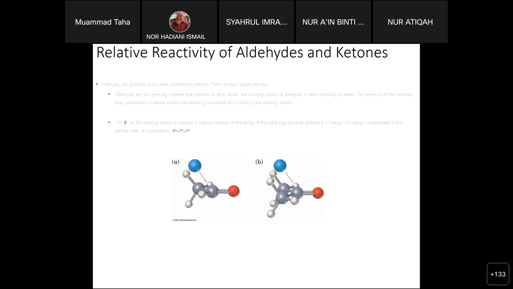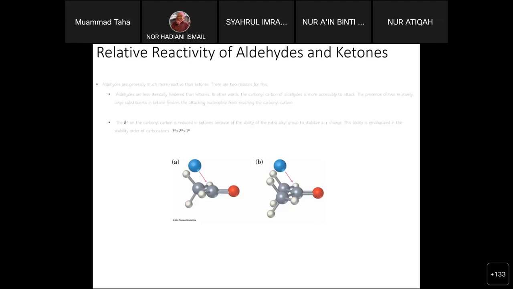Aldehyde is always at the terminal of the open chain; it cannot go inside the chain because of its shape, so it always has only one carbon attached to it. Because this carbon is slightly positively charged, there is only one carbon to stabilize it.